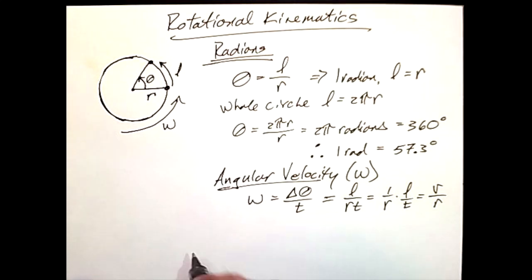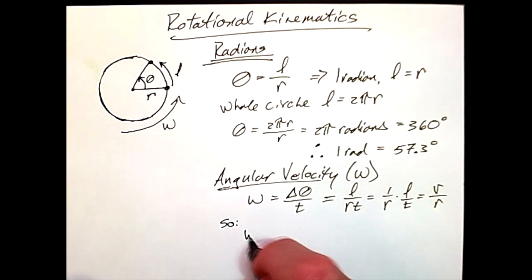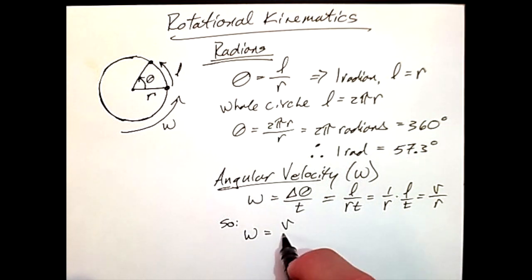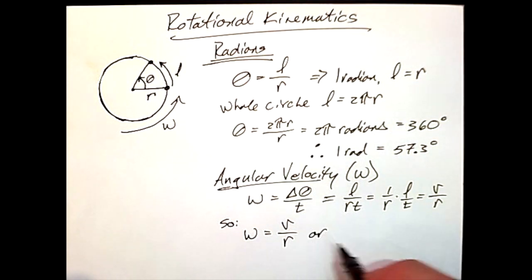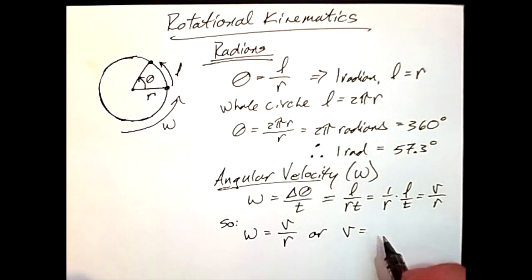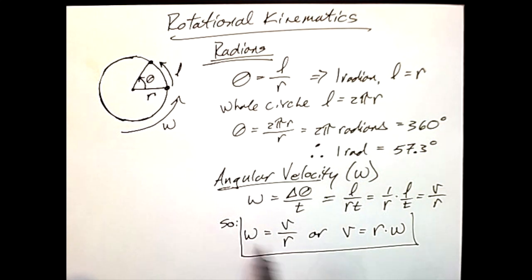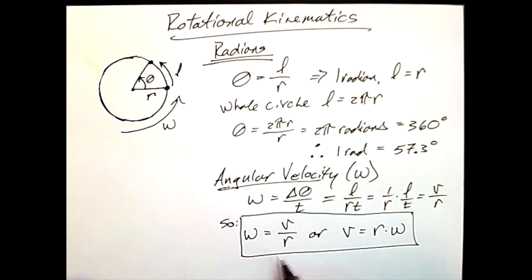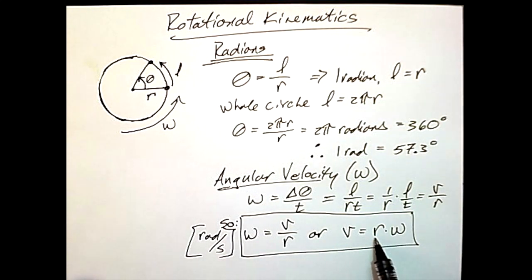So pulling that all together, we see that omega is equal to the tangential velocity divided by the radius, v over r. Another way to say this would be that our tangential velocity is equal to radius times our angular velocity, omega. This angular velocity, omega, would be measured as a radians per second unit. Obviously, if I then multiply radians per second times a radius, I get meters per second.